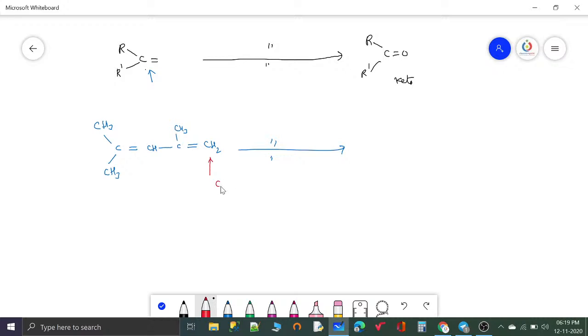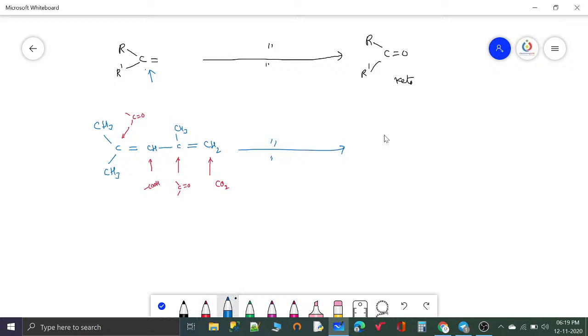Here no hydrogen is there on the double bonded carbon atom, so it will be converted to the keto group. Here a hydrogen atom is there, so it will initially be converted to the aldehyde, later to the carboxylic acid, and this part will be converted again to a keto group, as it does not have any hydrogens on it.